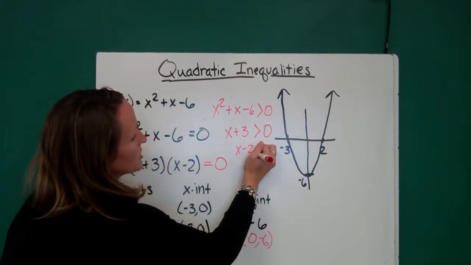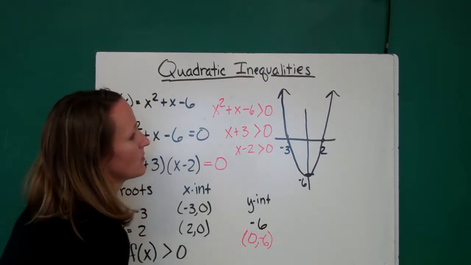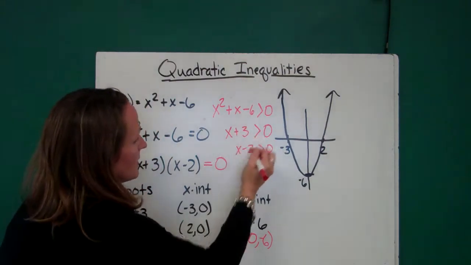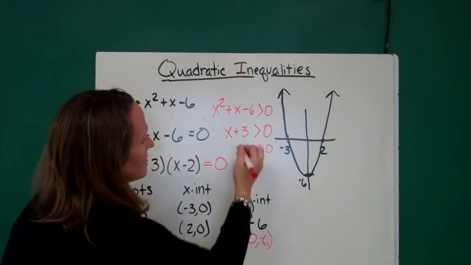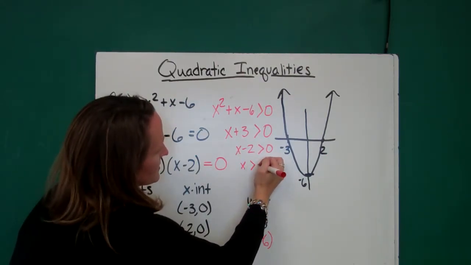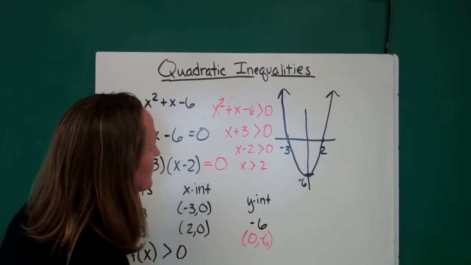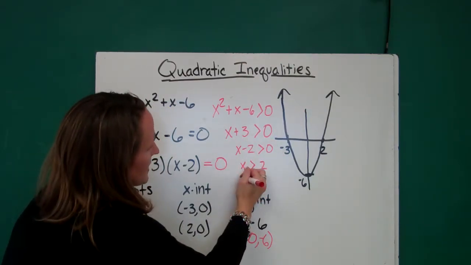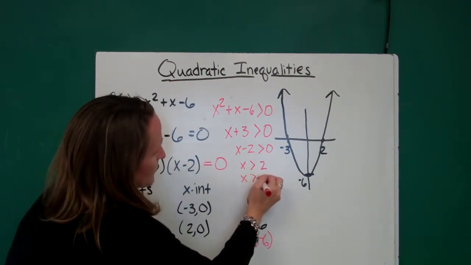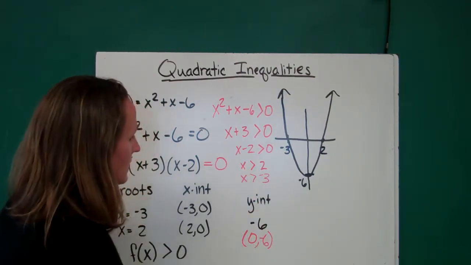Where is x minus 2 greater than 0? And when I solve these, I move this over, I get x is greater than 2, and this one becomes x greater than negative 3.